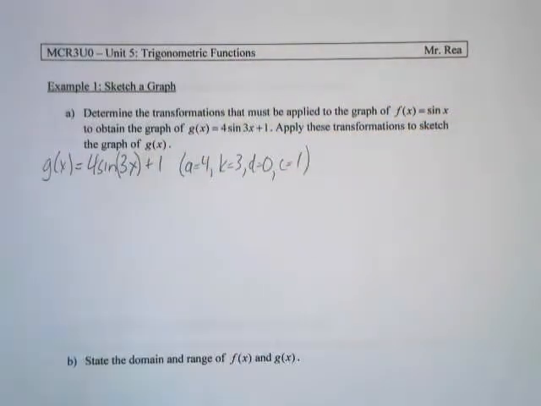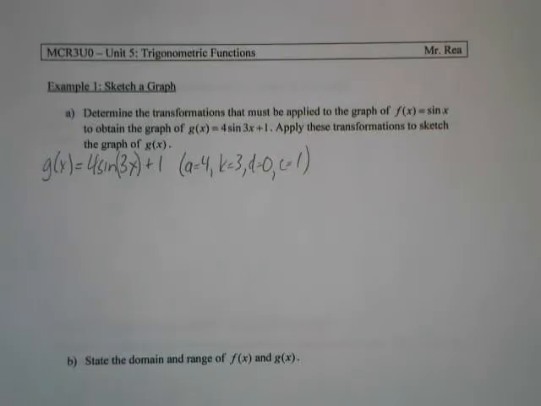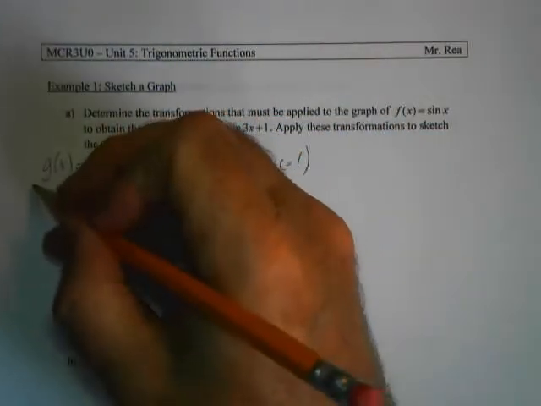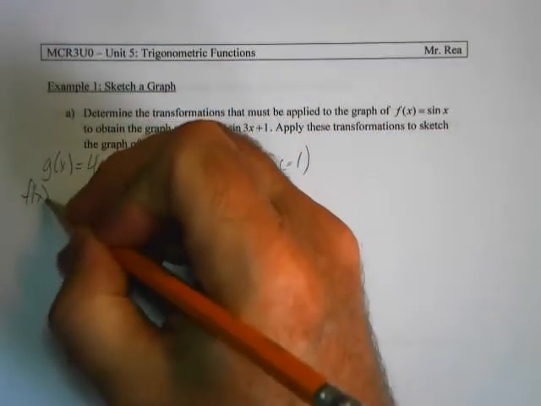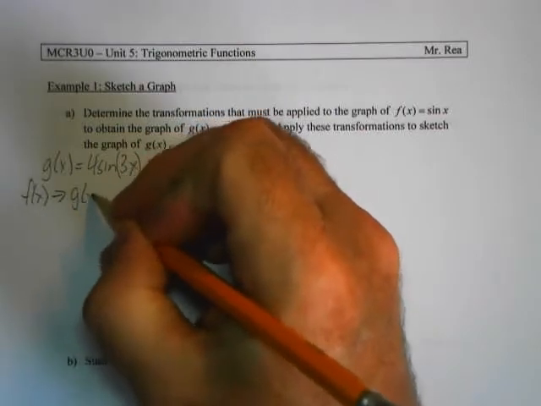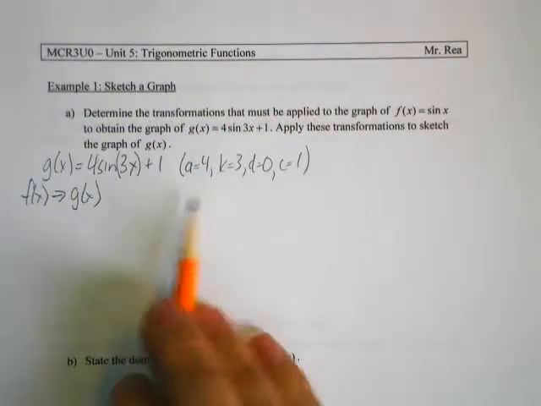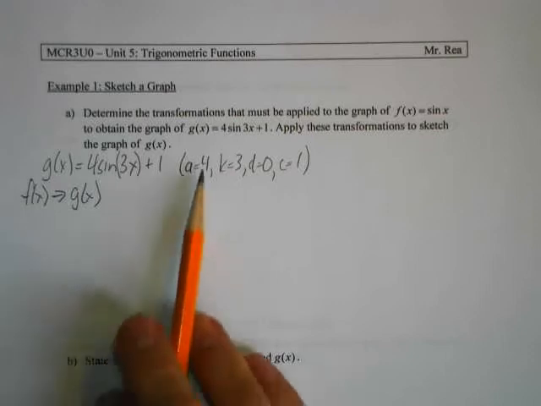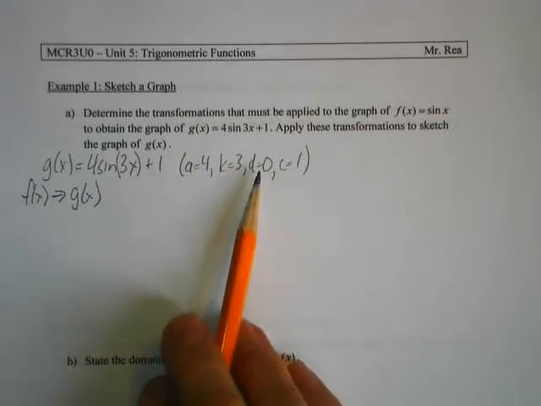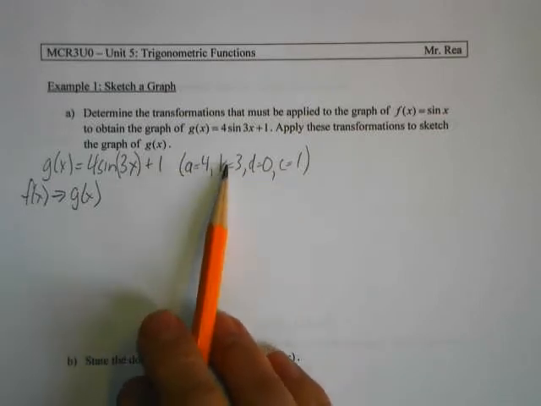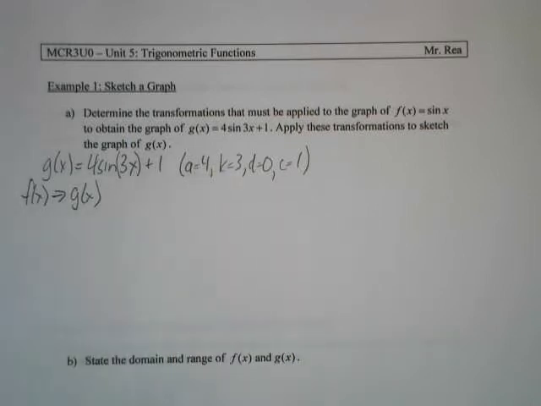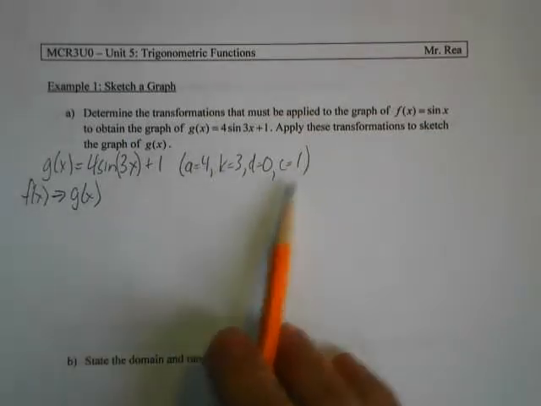So I've got all my parameters. Now, if I wanted to change the graph of f of x into the graph of g of x, what would I have to do? Well, I basically go through this recipe of transformations here. We always handle the a and the k values first, followed by the d and c.